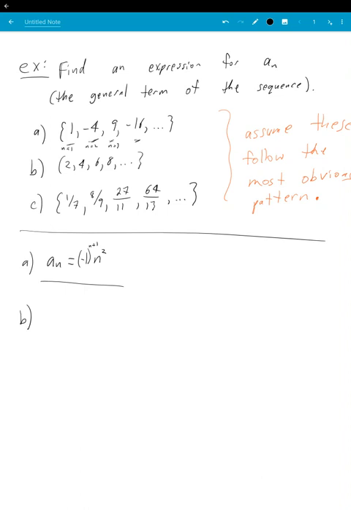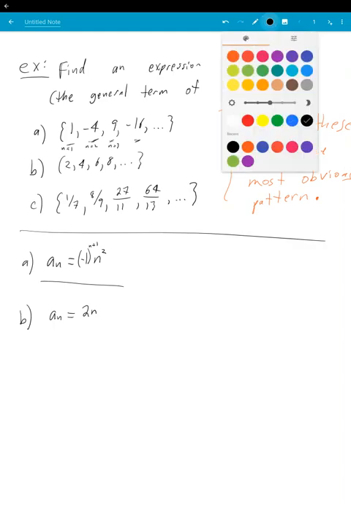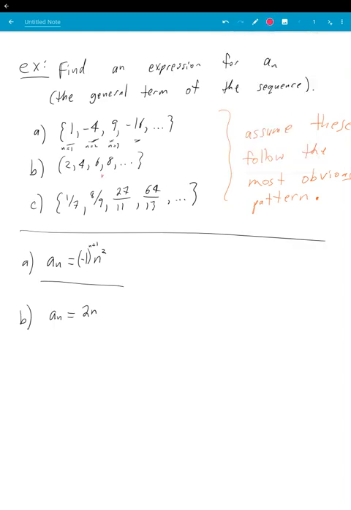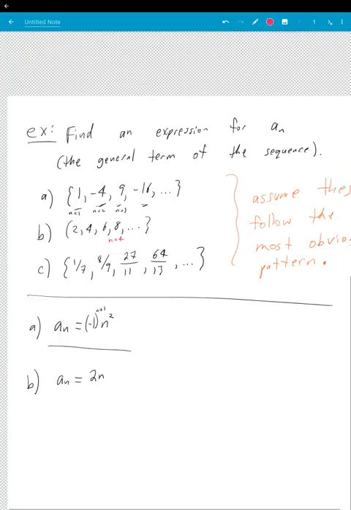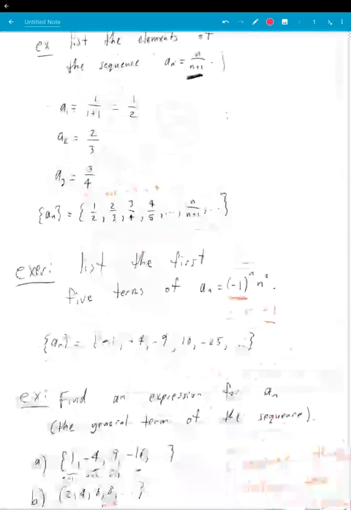Okay, next one. These are even numbers, so we just get 2n. So that's my guess here. And to check, I would say, well, this is the n equals 4 term, right?